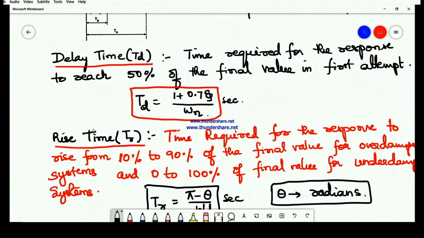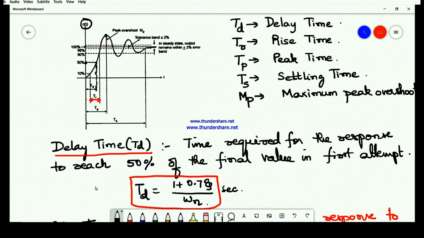If you see the curve, as it is a maximum peak overshoot, that is the difference that we see from the 100% line, and that difference is the maximum peak overshoot.